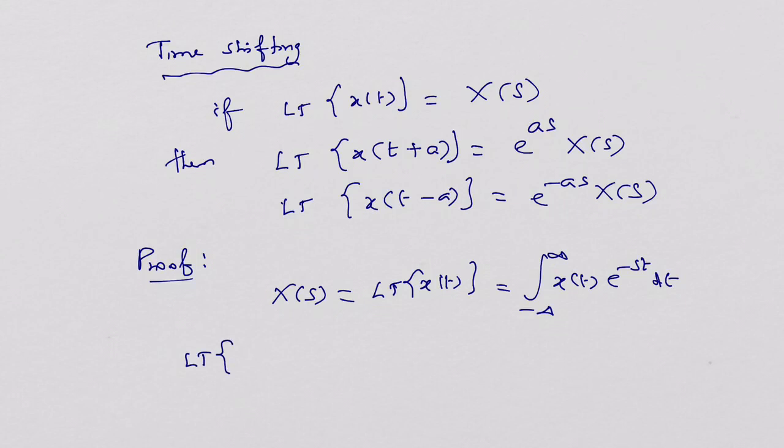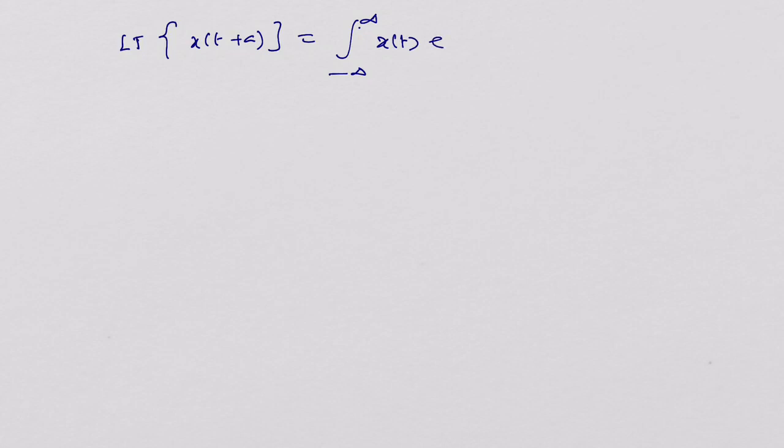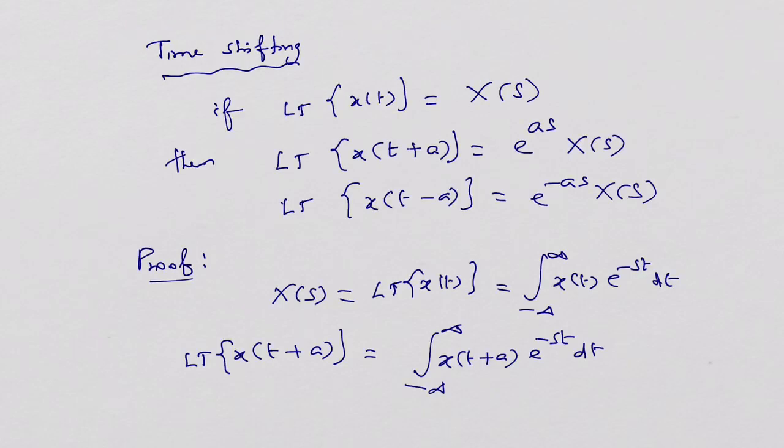Laplace transform of x of t plus a. Can you just view what it is? Integral from minus infinity to plus infinity of x of t plus a into e power minus st dt.